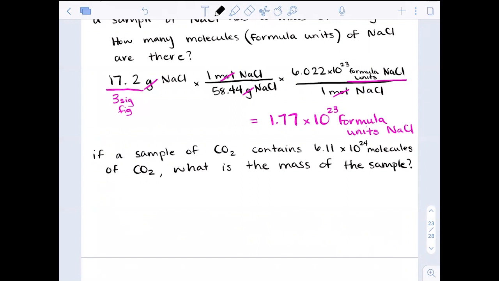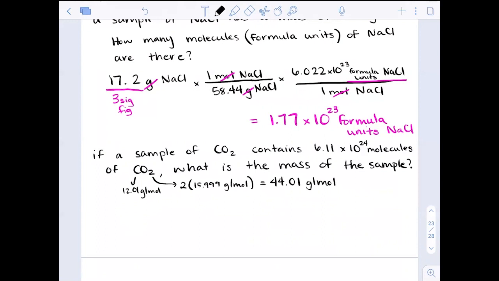So looking at CO2, 1 carbon is 12.01 grams per mole. O2 would be 2 times 15.999 grams per mole. Add those up, and you're getting around 44.01 grams per mole for the molar mass of carbon dioxide.